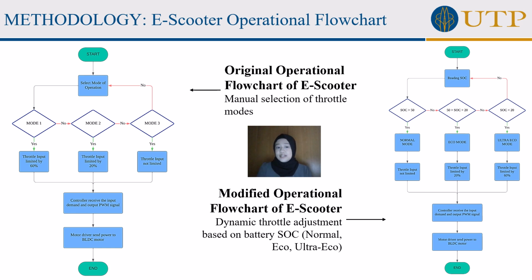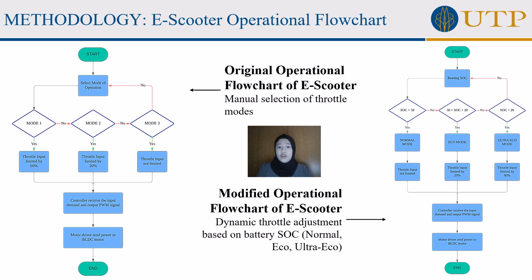While the automated system on the right side adjusts throttle based on battery level, SoC. So basically, if the SoC is above 50%, the system operates in normal mode where no throttle input limitation is applied. When the SoC drops below 50% but still remains above 20%, the system automatically switches to eco mode where the throttle input is limited by 20%.